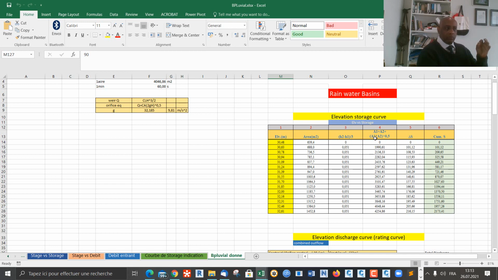Multiply them and you will find the change in volume.